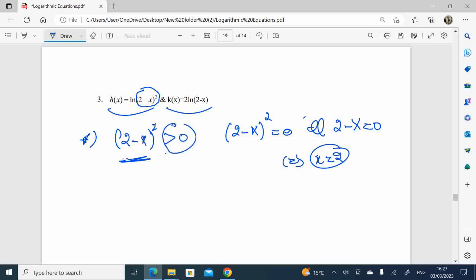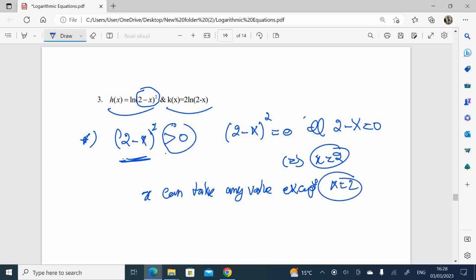So x can take any value except 2, x equal 2.